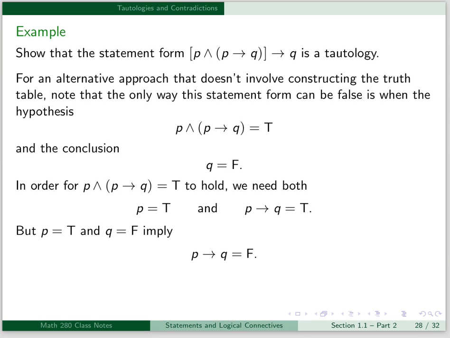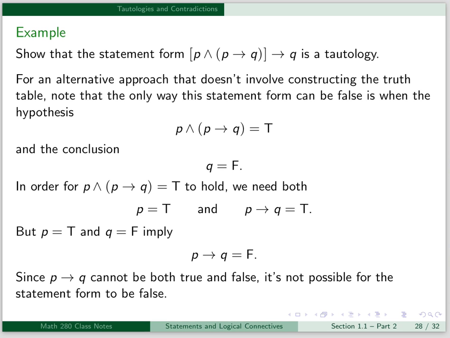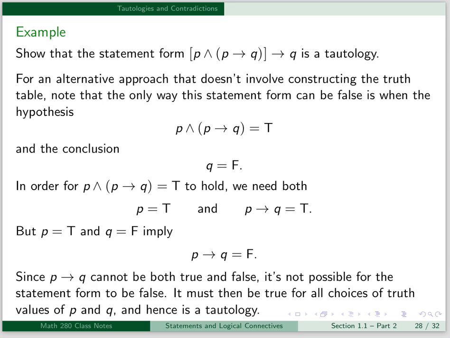But P equal true and Q equal false imply P implies Q to be false. Since P implies Q cannot be both true and false, it's not possible for the statement form to be false. It must then be true for all choices of truth values of P and Q, and hence is a tautology.